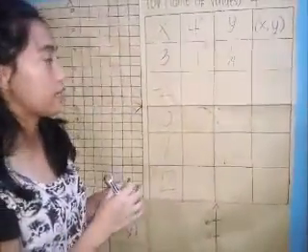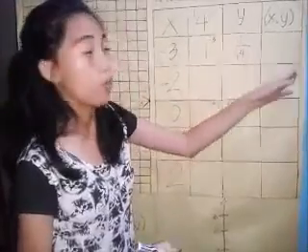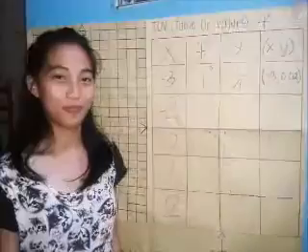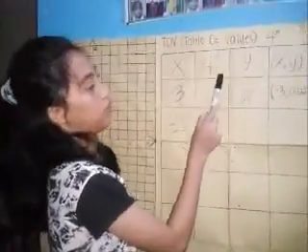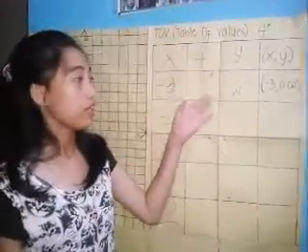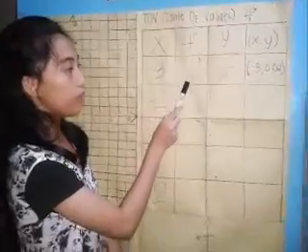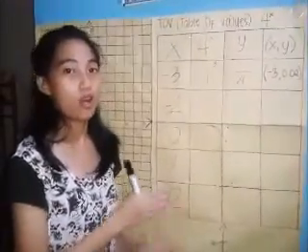Sa coordinates naman, kailangan nating magiging decimal ang y para makuha natin ang pagpa-plot sa graph. So, this will be like this. 4 raised to negative 3. So, para makuha natin ang value nito, kailangan muna nating i-reciprocal. So, i-reciprocal natin siya, magiging 1/4.